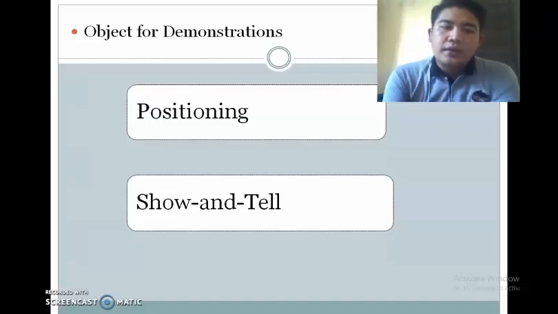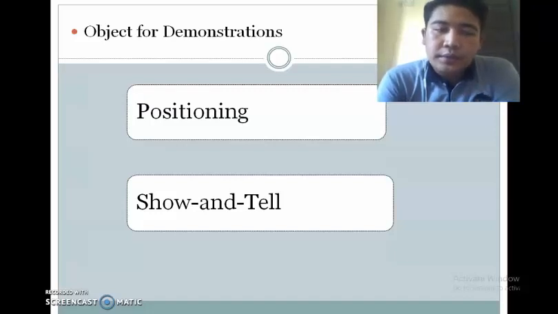And then we should know that the presenter should use a show and tell method, because with show and tell method, the audience will have a better look with the object. The show and tell method, the presenter will be showing the object from one side to another side of the audience.